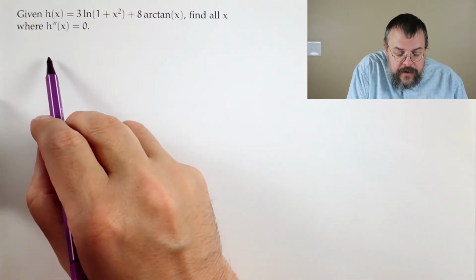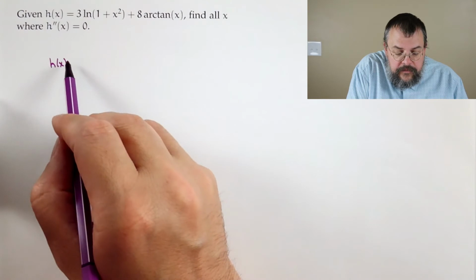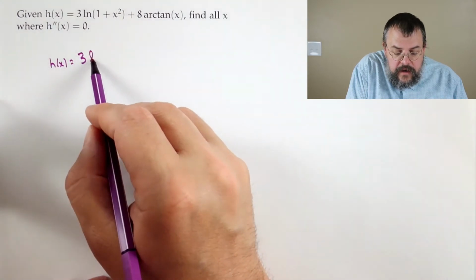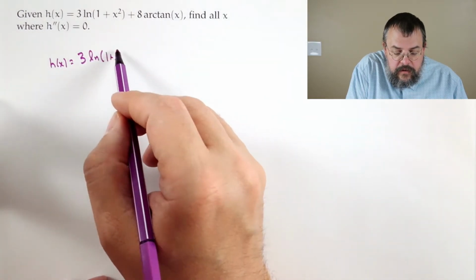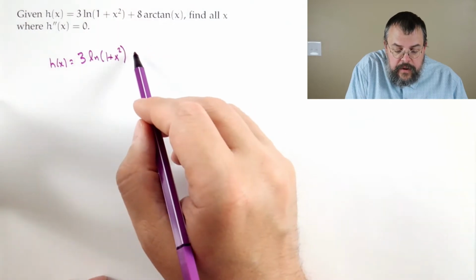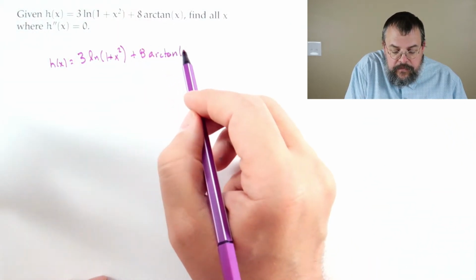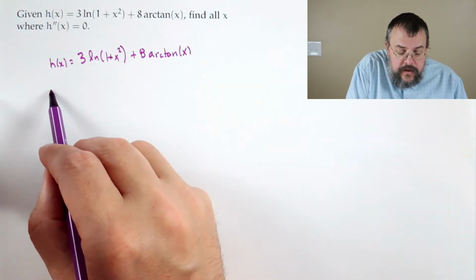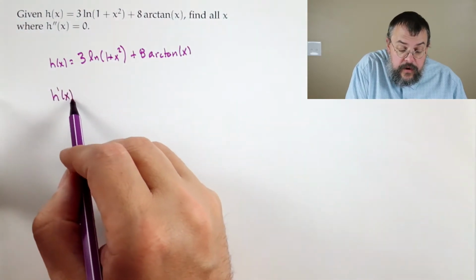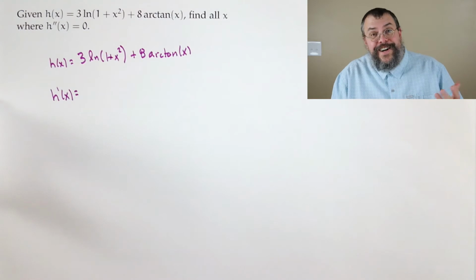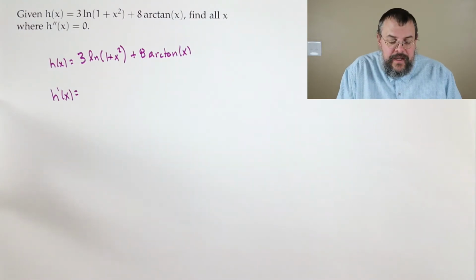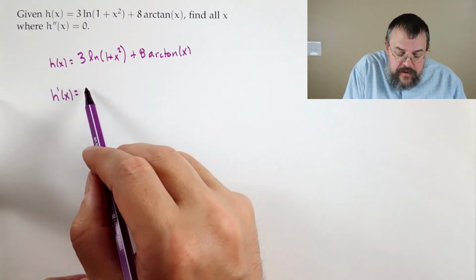So we'll start with our function h of x is 3 natural log of 1 plus x squared, and then plus 8 times arctangent of x. So there's our first function. Now, the first derivative. After all, if we're going to get to the second derivative, we've got to start with the first one. So, the natural log of 1 plus x squared.